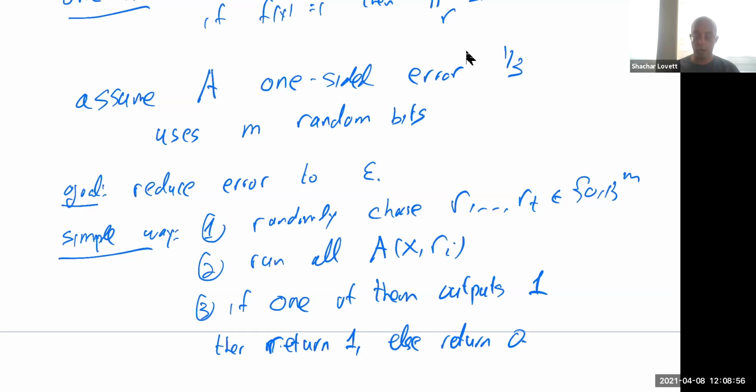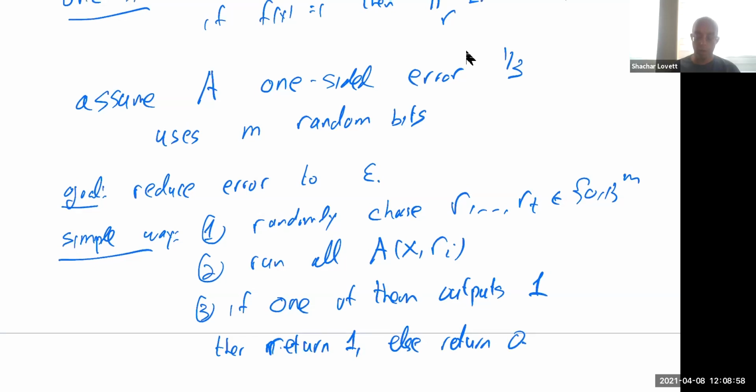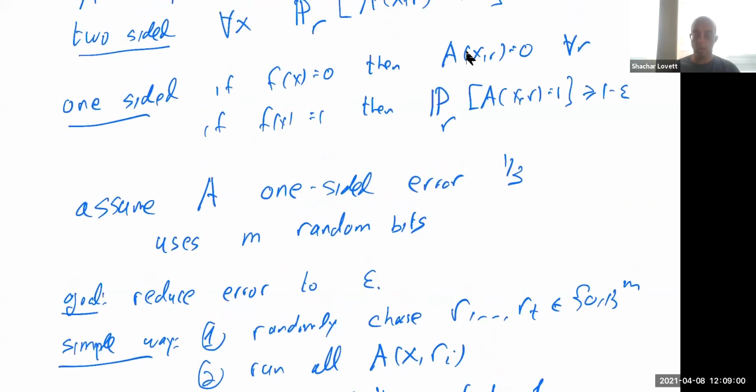So why is it a good way of reducing error? Because we're assuming a one-sided error. If f of x is 0, all of these algorithms are going to return 0 all the time, so we return 0. That's good. On the other hand, if f of x is 1, then each one of them is going to return the correct answer with probability 2/3.